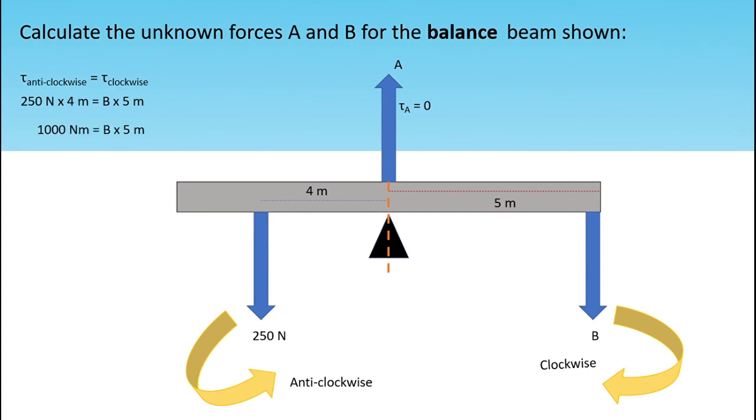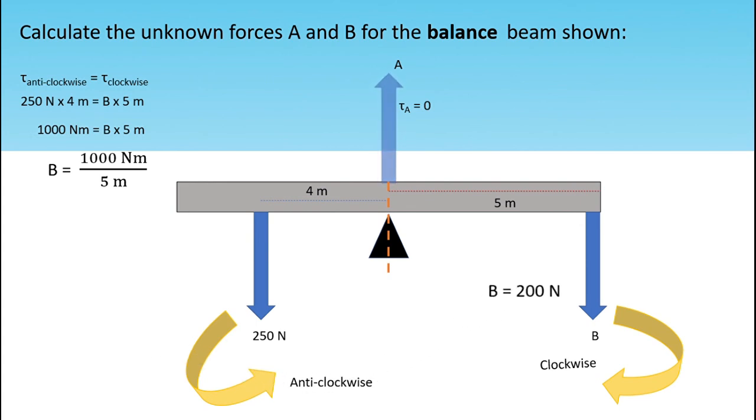It will be 1000 Newton meter equals force B times 5 meters. So force B can be calculated by 1000 Newton meter divided by 5 meters. Force B equals 200 Newton.